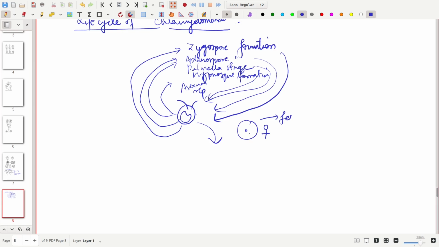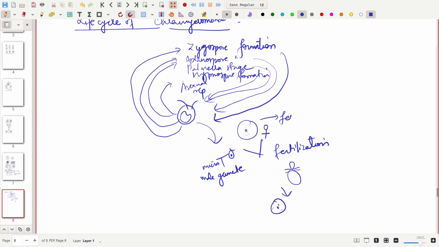Here this is the female gamete, that is the macrogamete, and this one is the microgamete or the male gamete, and after fertilization there is the formation of the zygospore.